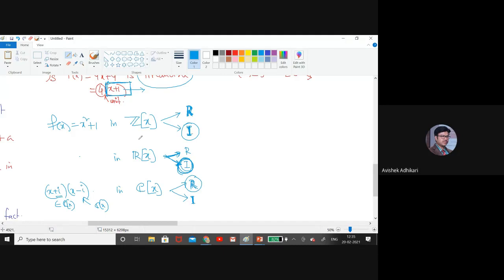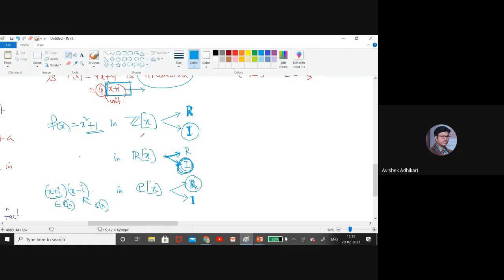For example, if I ask whether x square plus 1 is irreducible or reducible, the answer must be incomplete, because unless you mention the ring, it's not possible to give the answer. Unless you state that, the information is incomplete, and you won't be able to give the answer properly.